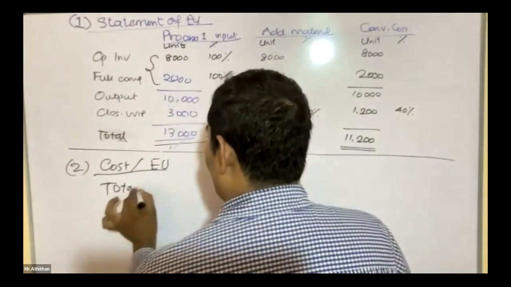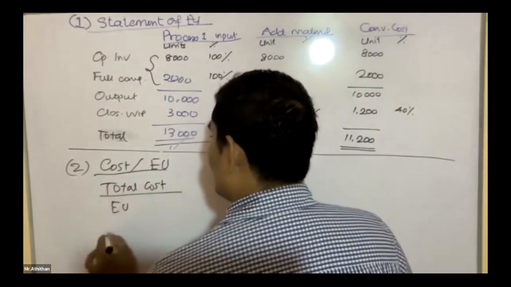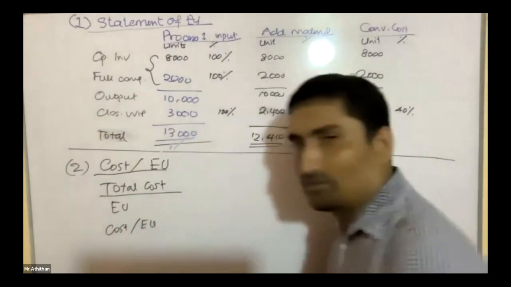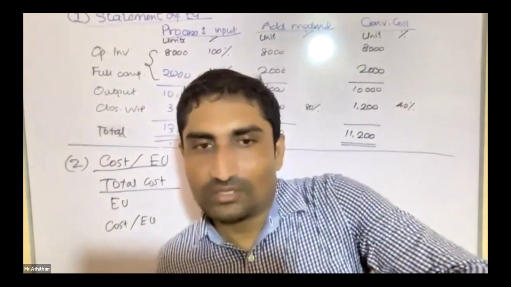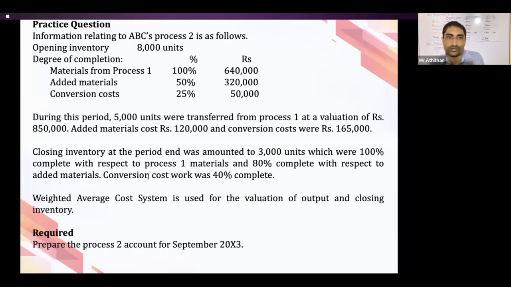Total cost divided by EU gives cost per EU. Right? So this is the formula. So we will take the total cost.